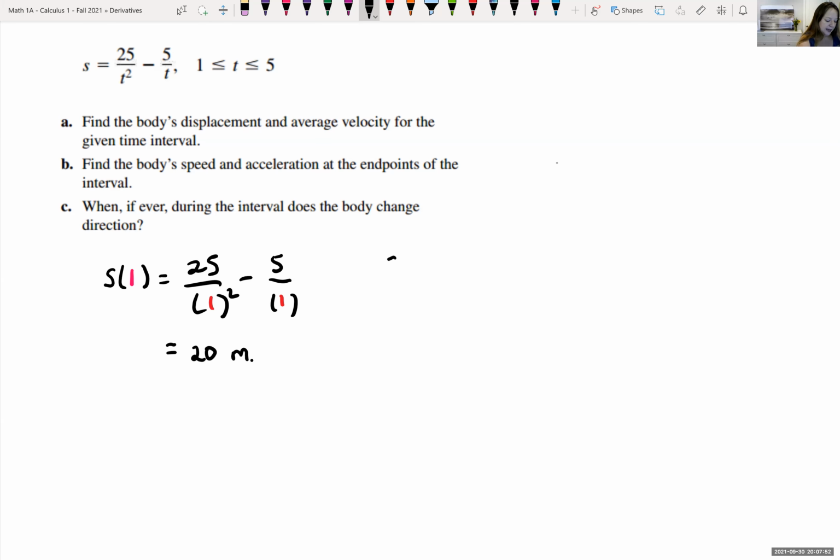And then if we look at time at 5 seconds, this is equal to 25 all over 5 squared minus 5 all over 5. Well, 25 over 5 squared gives us back 1, minus 5 divided by 5, which is 1. So 1 minus 1 is 0.